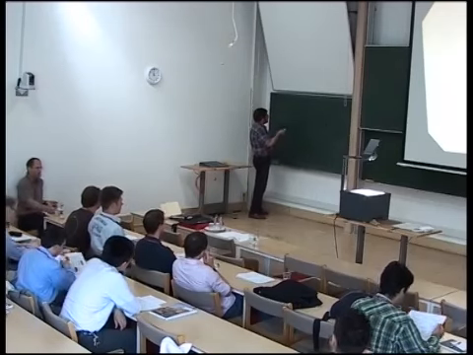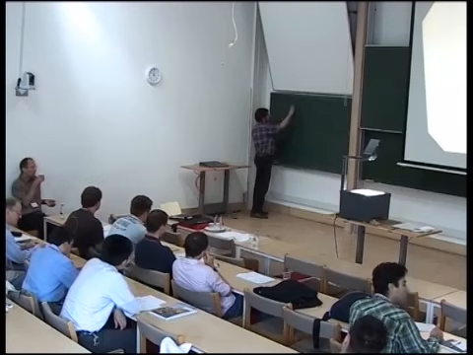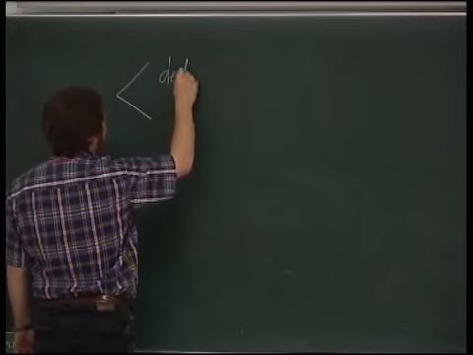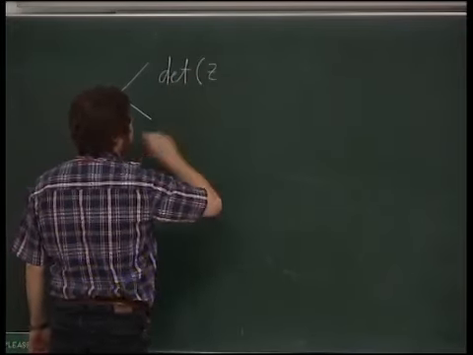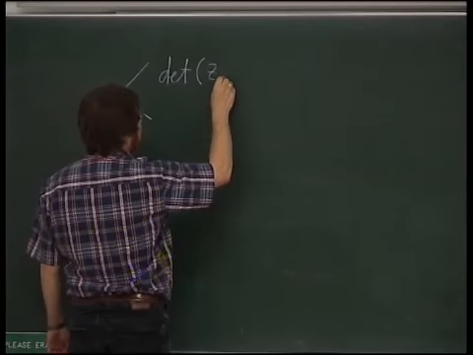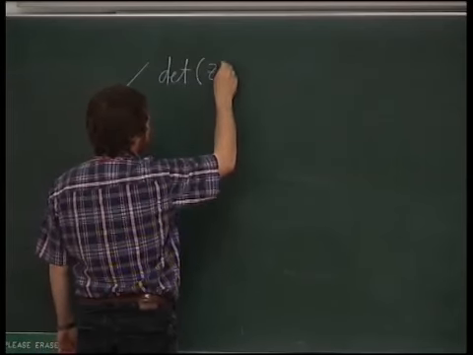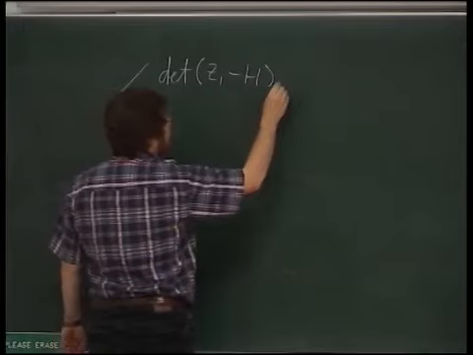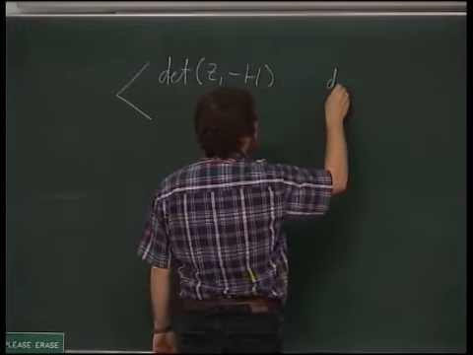So let me just remind you that last time we invested quite an effort in understanding how to calculate the ensemble average of the general object of the following type.